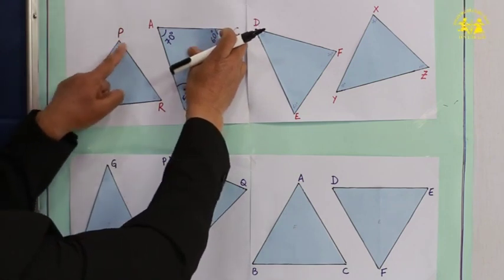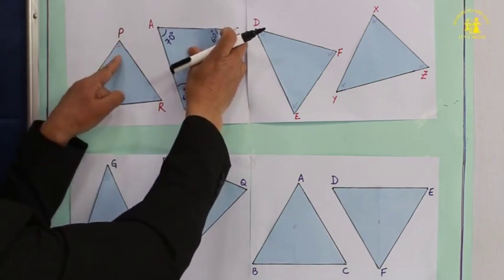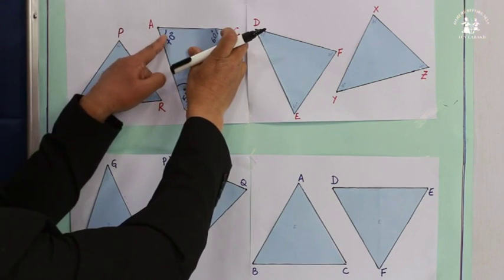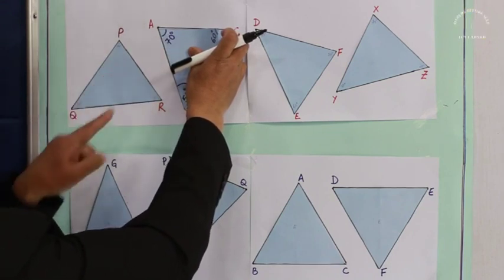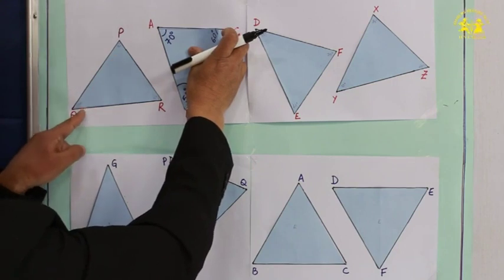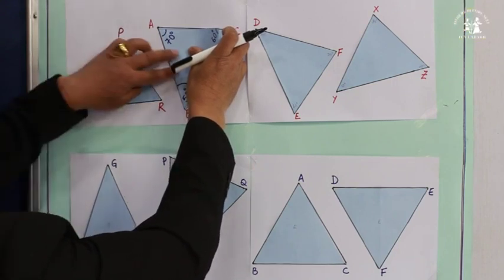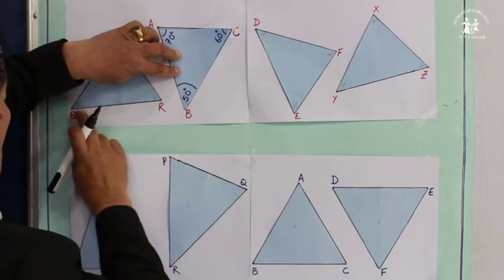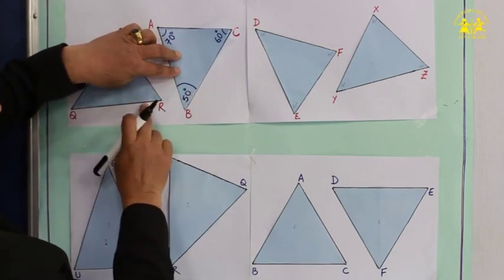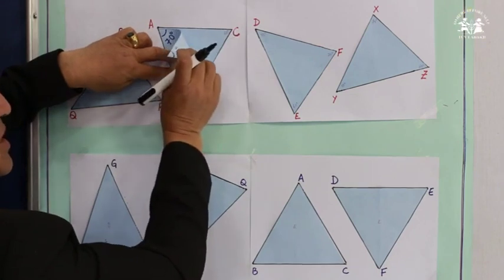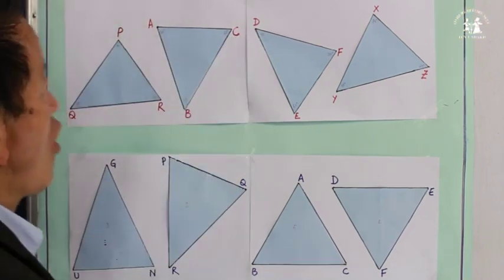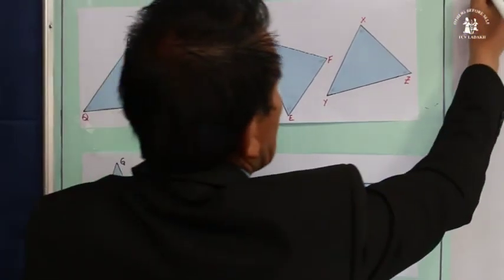Angle P is 70 degrees, angle A is also 70 degrees, so these two angles are equal. And then angle Q is 50 degrees, angle B is also 50 degrees, angle R is 60 degrees, and angle C is 60 degrees.